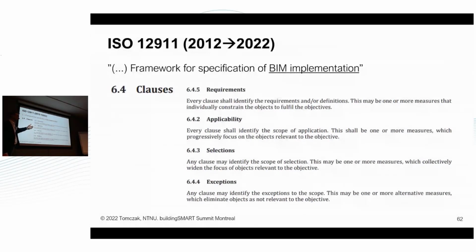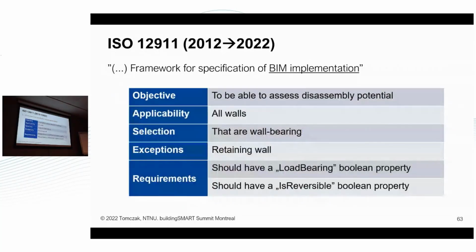So for example, walls. It should also have a selection, but it doesn't have to. So selection could be that all the walls that are on the second level or all the walls that are underground and so on. And you could also have exceptions. So except the glass walls. So this is a standard that you can use if you implement BIM in your organization.